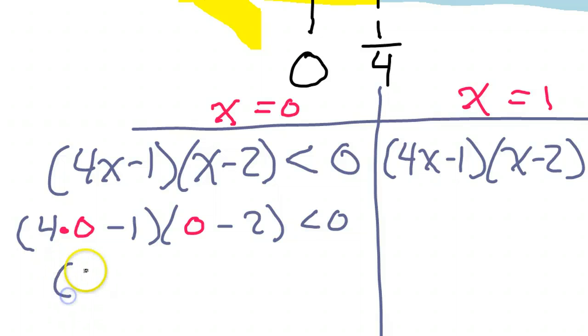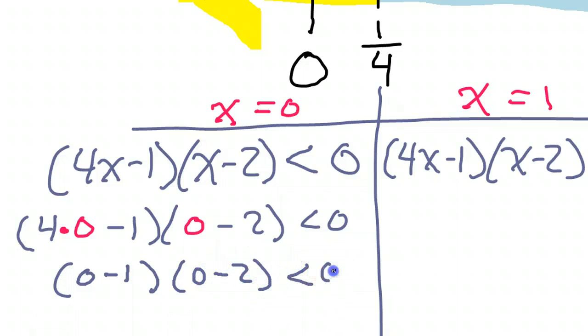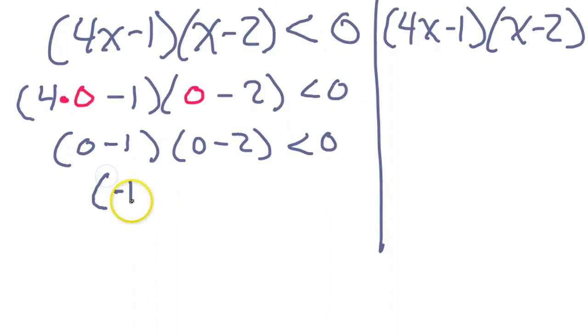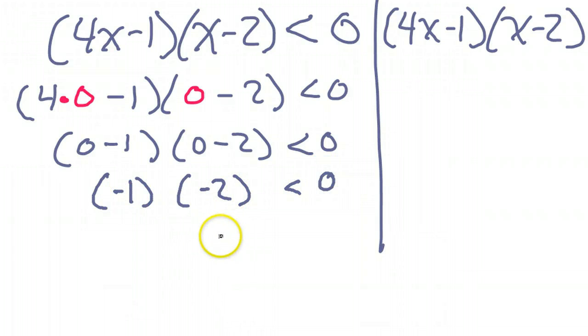Now this is just going to become 0 minus 1 times 0 minus 2, because 4 times 0 is just 0. And then this is just going to be negative 1 times negative 2 is less than 0. Now a negative times a negative is a positive, so that's going to make positive 2 is less than 0.